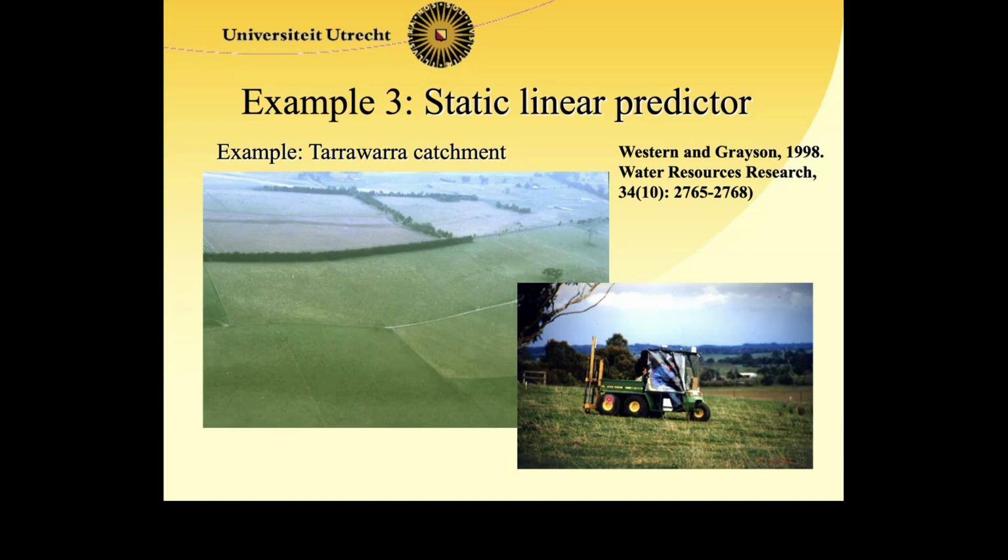So we know soil moisture at 2,000 locations, so we have a pretty good field of the soil moisture at a given time step. Let's assume that we do not have 2,000 observations, but we only have 100 or 103 of those. So we take a subsample.